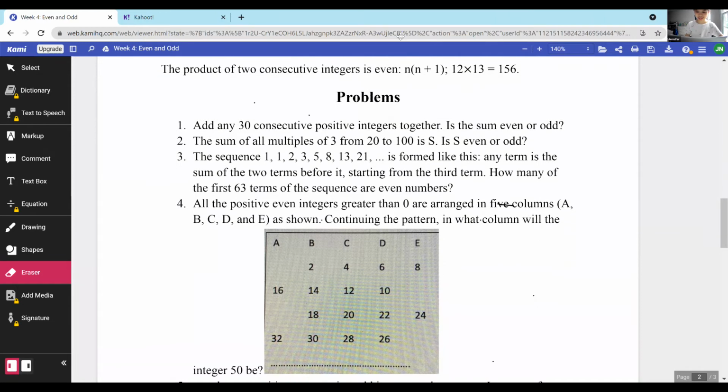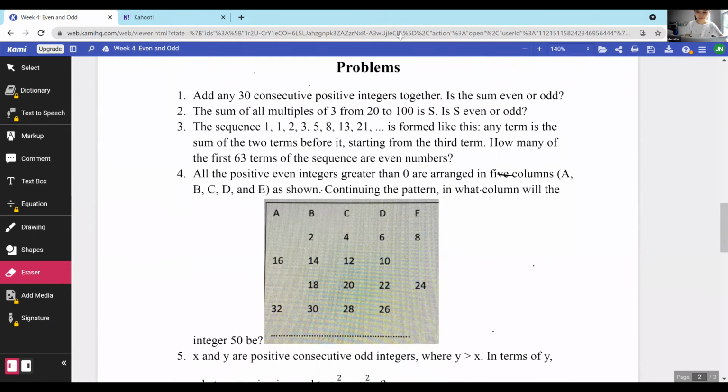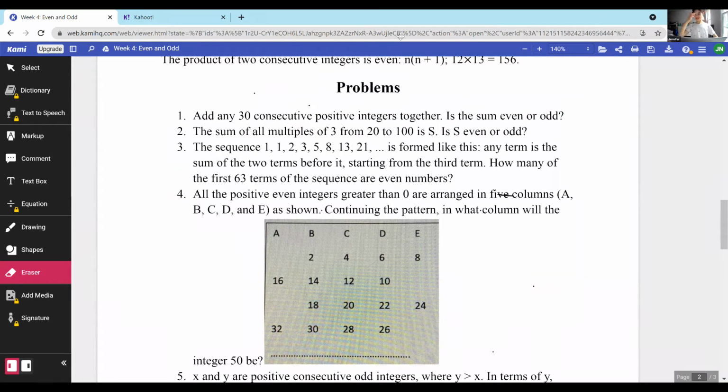Now let's look at some problems. Try to solve the first one.